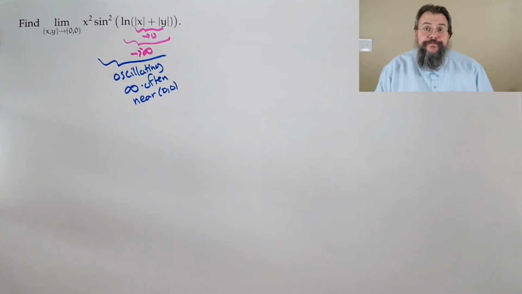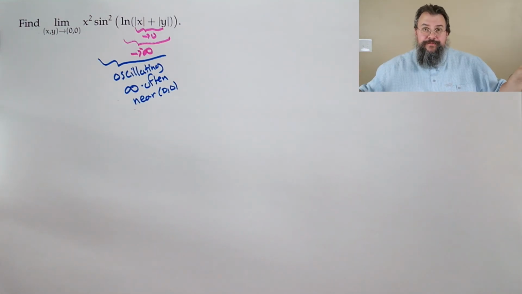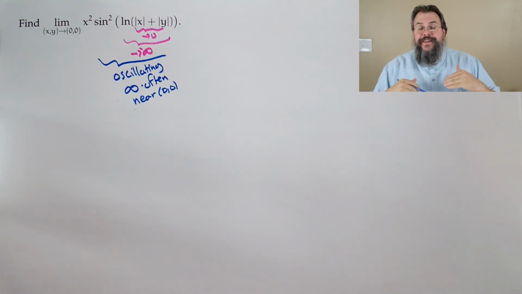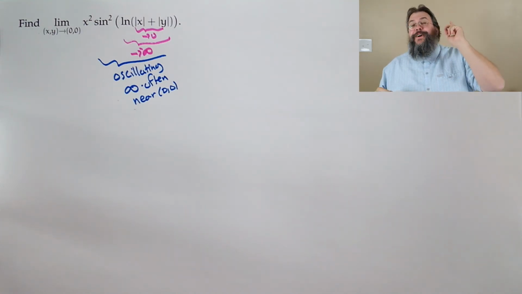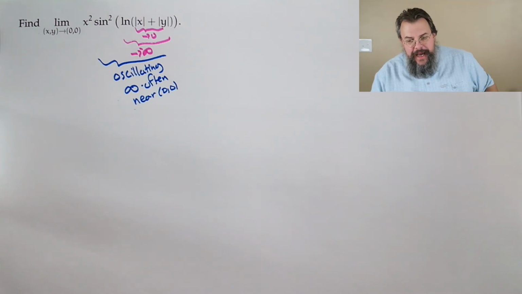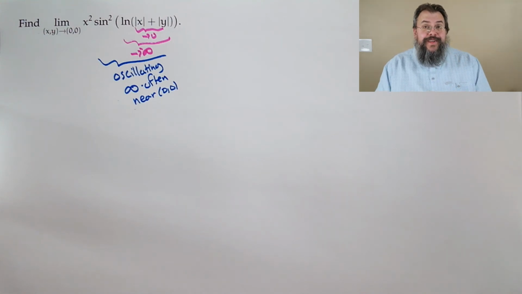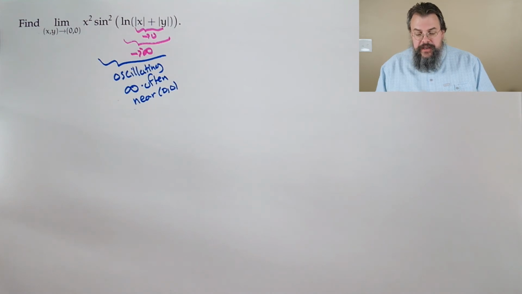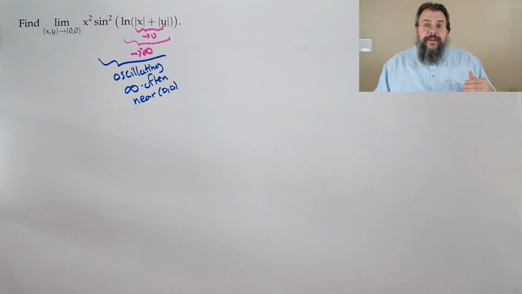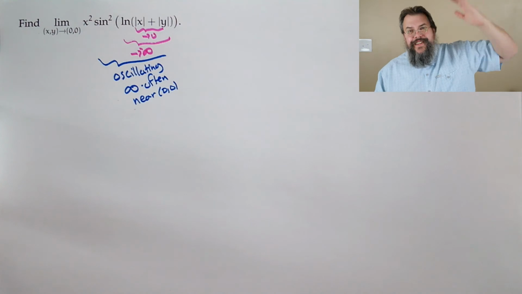So it's out of control. If the x squared wasn't there, no limit, because there's all this oscillation. But now we say, hold on, we've seen this before. We know there's a nice little rule in our back pocket that says, if we're dealing with sine, the sine function is bounded. And so in particular, we can say, look, it might be oscillating infinitely often, but it's not wildly oscillating.